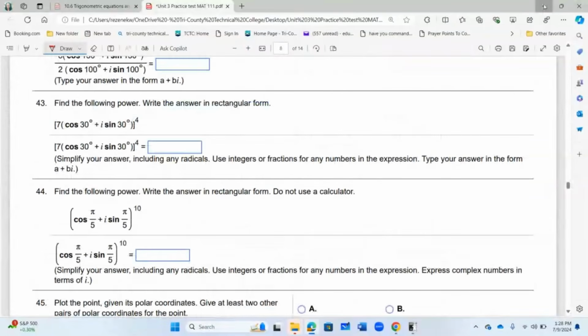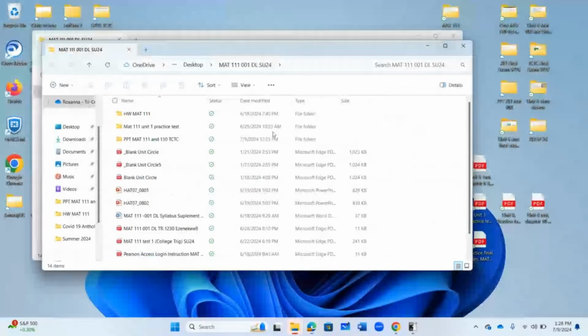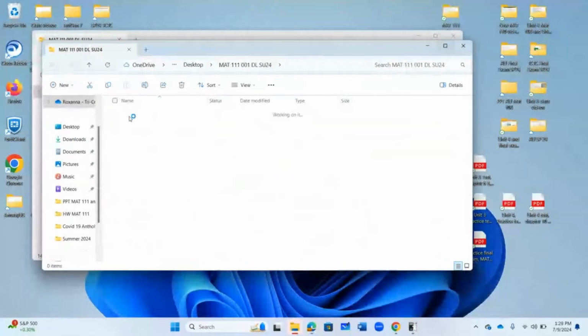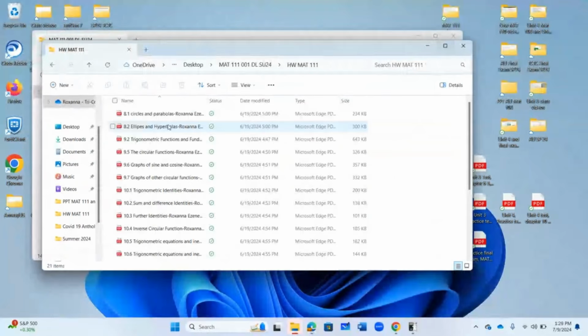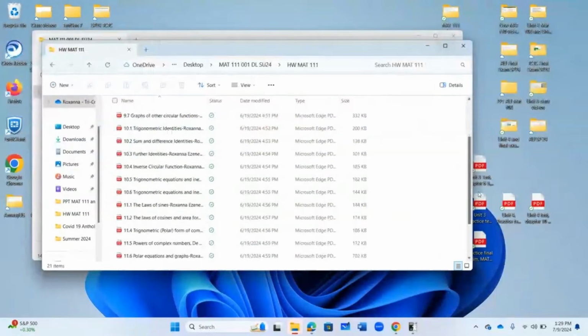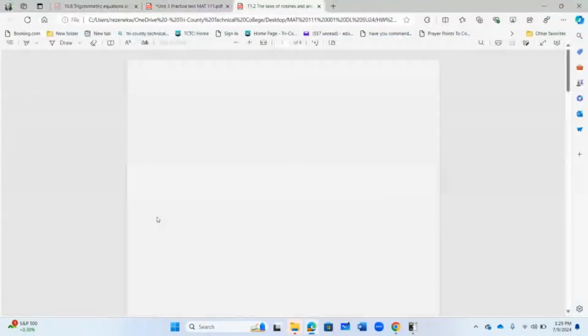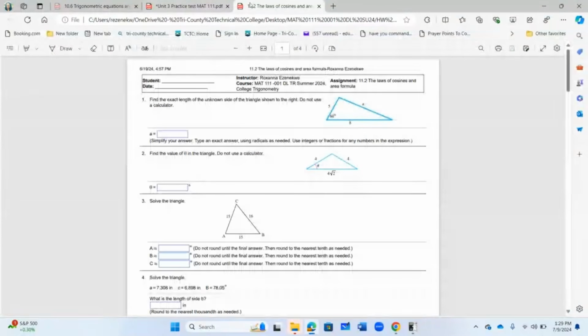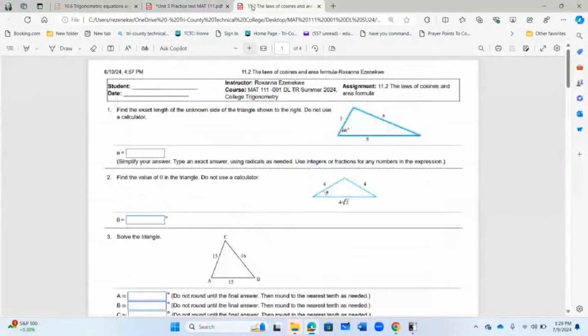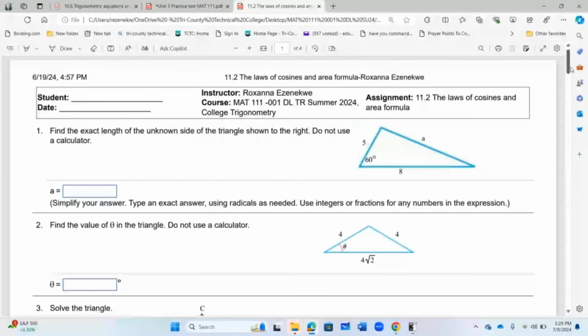Okay, now let me go to the homework 11.2. Okay, 11.2, that is the cosine rule, the law of cosines. So we are working on cosines now.